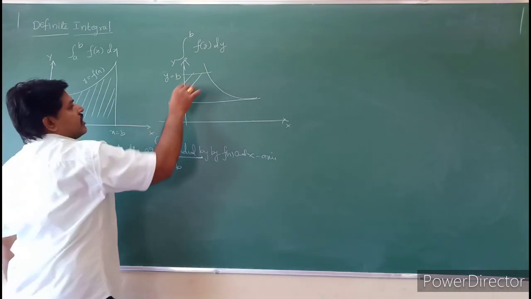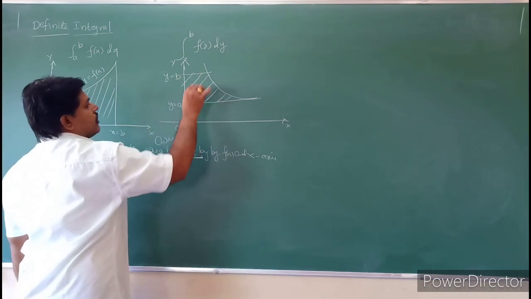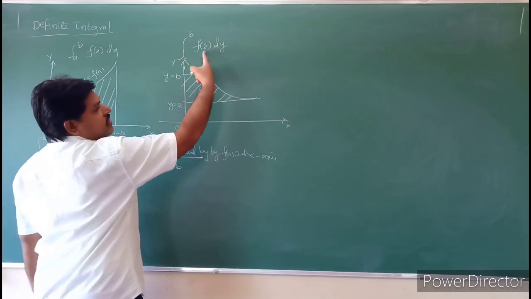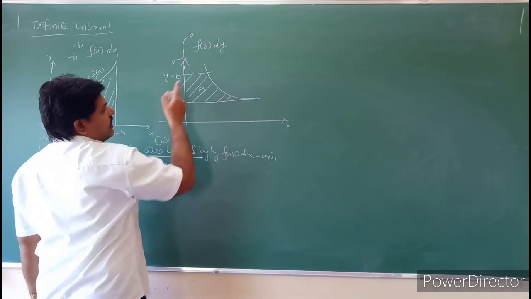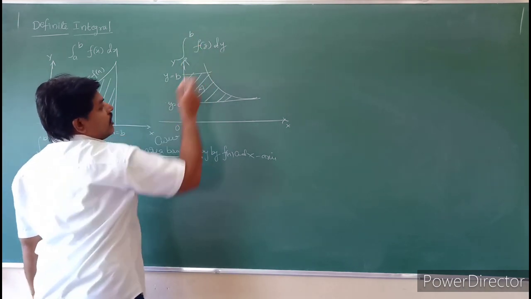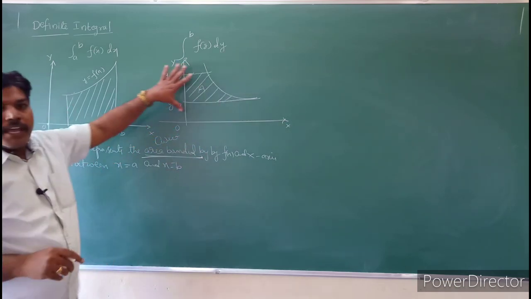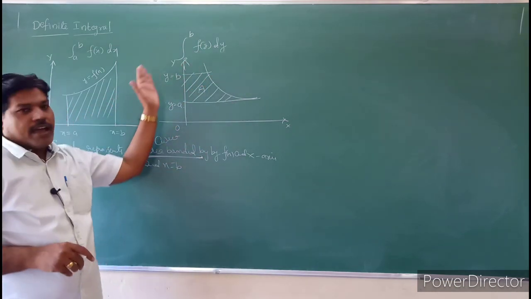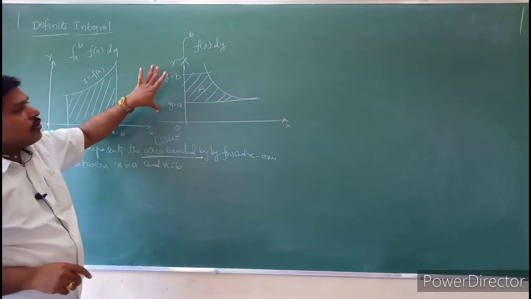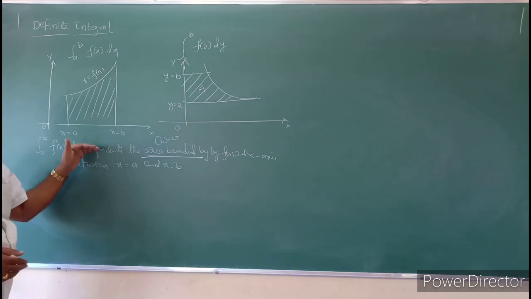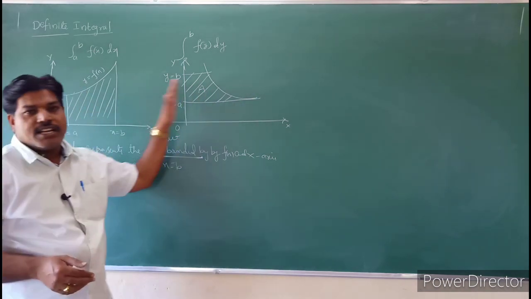So it represents the area with respect to the y-axis, that is integral a to b f of y into dy. It represents the area bounded by the curve f of y and the y-axis in between y is equal to a and y is equal to b. With respect to the x-axis the meaning is this one, and with respect to the y-axis it is this one.